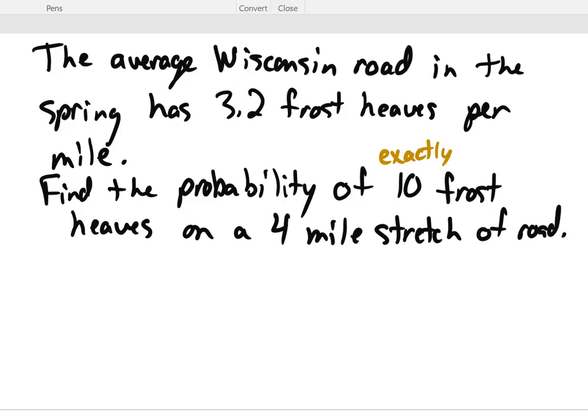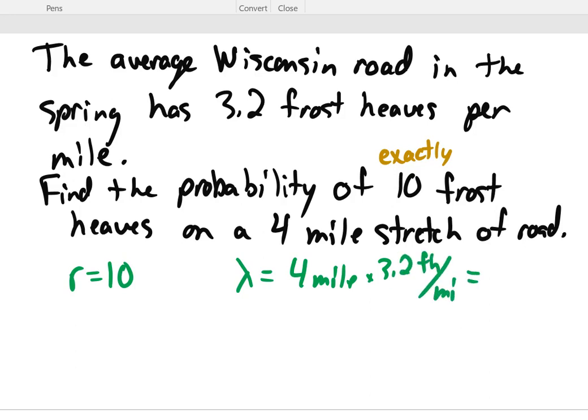So here r equals 10 frost heaves. Lambda is going to be 4 miles times 3.2 frost heaves per mile. That comes out to 12.8, the average number, the expected number of frost heaves in that 4-mile stretch.